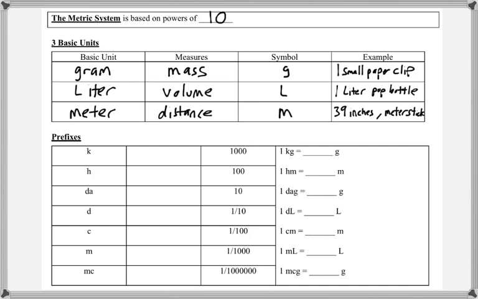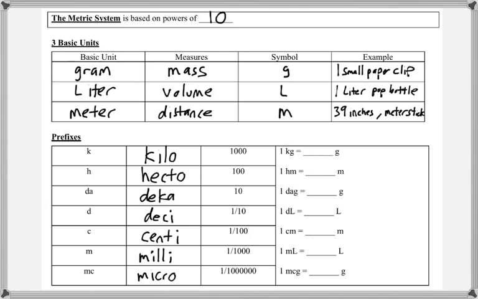Okay, so to get all of the other units, we have prefixes. K stands for kilo, H stands for hecto, DA stands for deca, D stands for deci, C stands for centi, M stands for milli, and MC stands for micro.